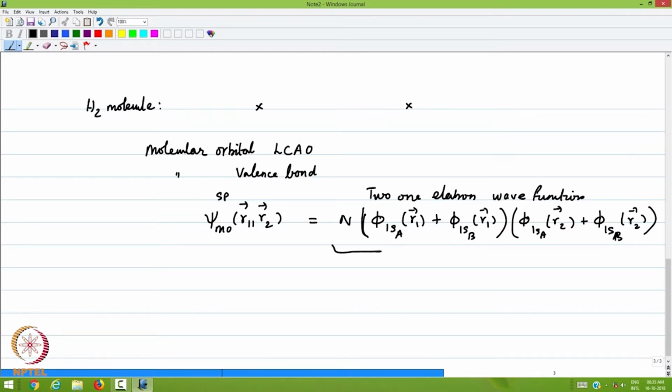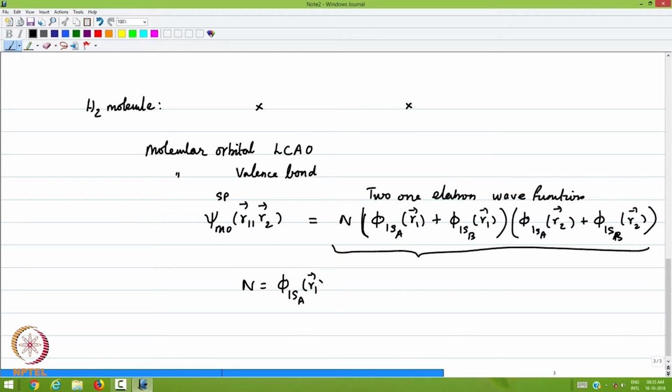One of the disadvantages with such a product is that if you look at it more closely and expand it, you would see that there are two types of terms.